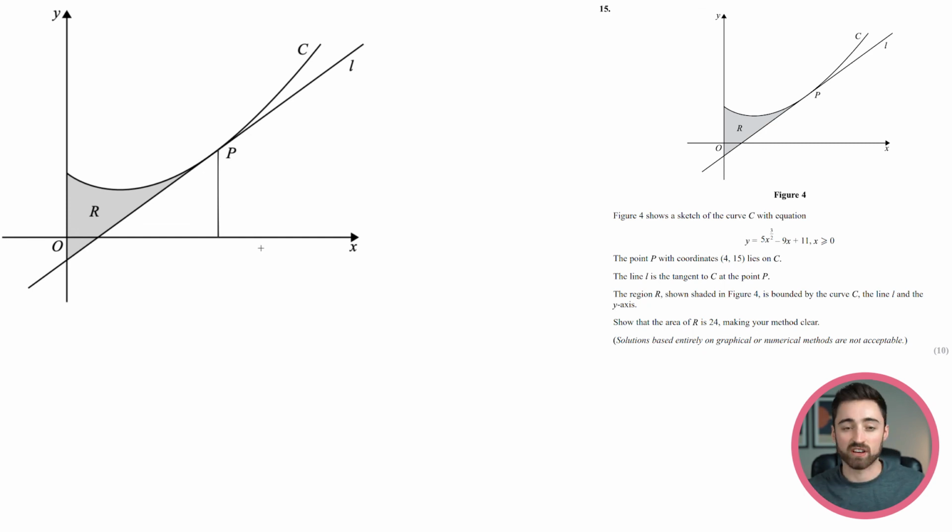If I was to integrate the curve C between 0 and P, which I believe the x-coordinate is 4, then it would get me everything underneath the curve and above the x-axis. So it doesn't get everything I want, and it gets some stuff that I don't want.